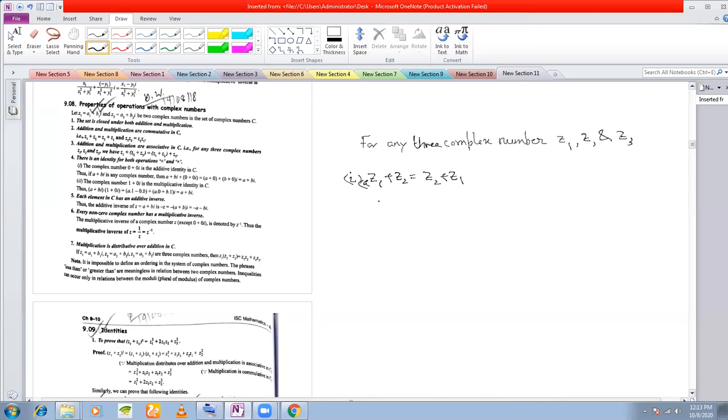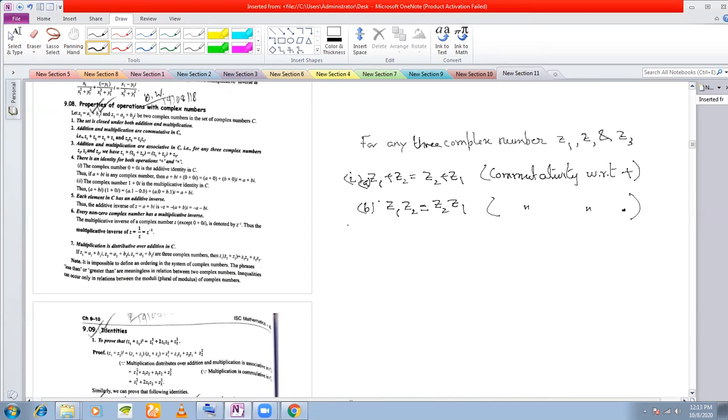Z1 Z2, the product of two complex numbers, is always equal to Z2 Z1. This is called commutativity with respect to addition and commutativity with respect to multiplication.